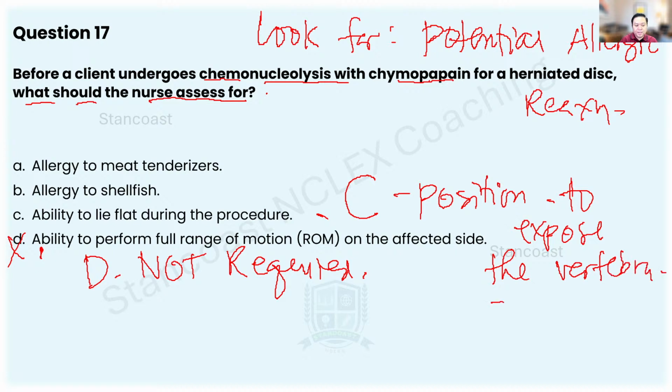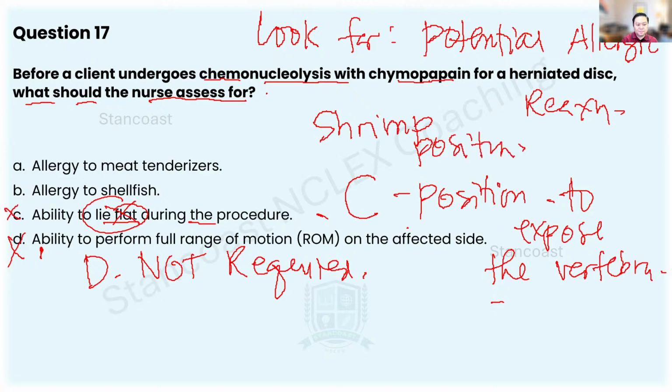Because this is an injection, we want to make sure there is opening of that vertebra so the insertion of the needle will be facilitated. Lie flat is wrong. Your patient should be in a C position, shrimp position. This will expose the vertebra so the medication can be injected properly.